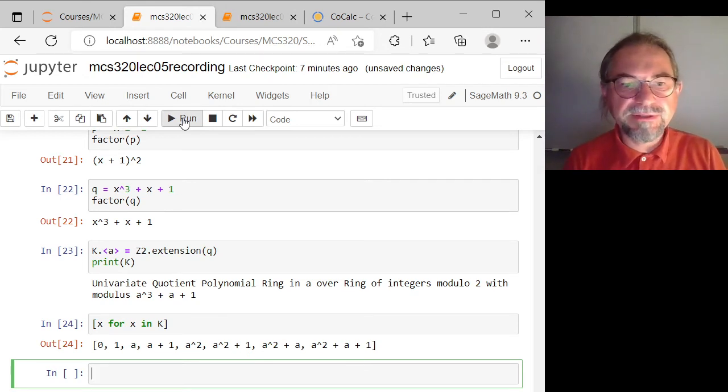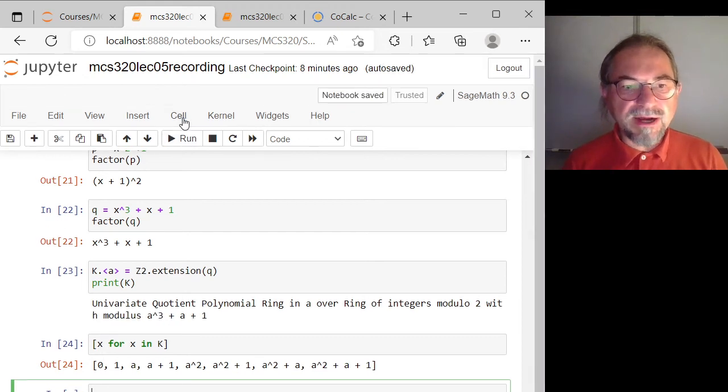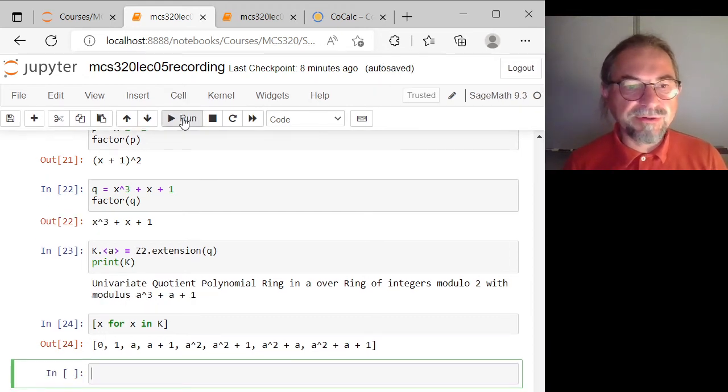Here you see with a simple list comprehension, I can list all the numbers in that field. So indeed we count, we have the 0 and the 1, the a plus 1, the a squared plus 1, the a squared plus a, and then the longest number has all the coefficients equal to 1. So we count 8 numbers.